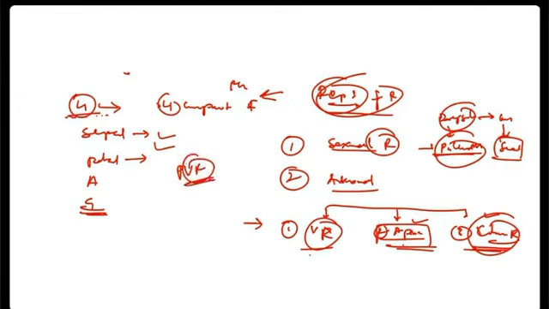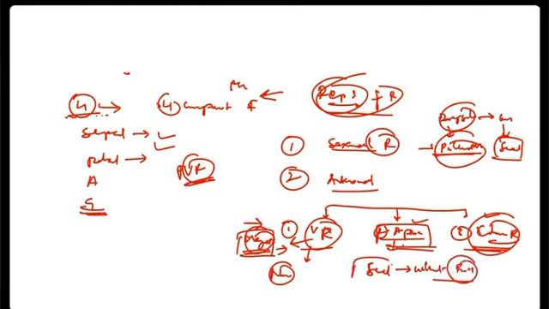See, I'll just tell you very clearly the basic difference between vegetative reproduction and apomixis. Vegetative reproduction is by the vegetative parts of a plant, which will eventually give rise to the new plant. But apomixis is a process where seed formation takes place without fertilization.